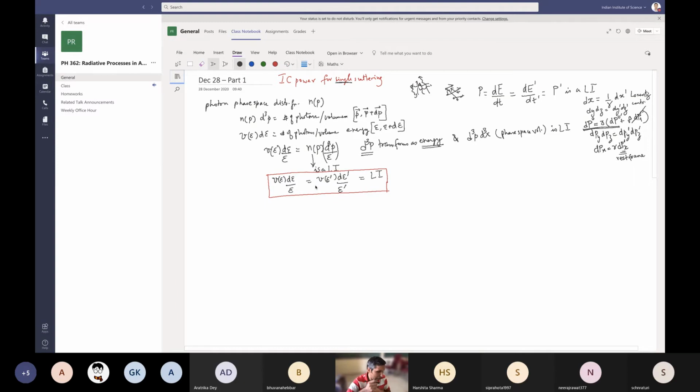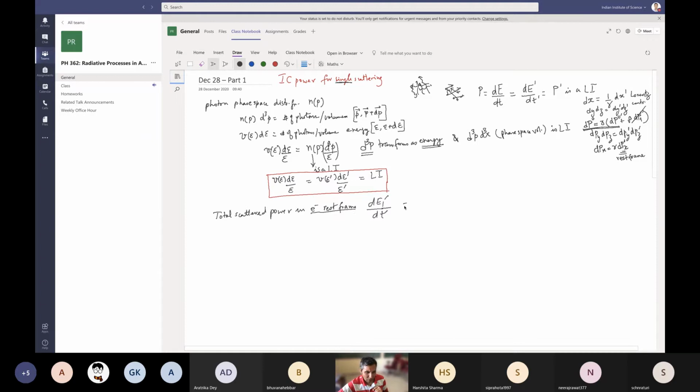So what is the total scattered power in the electron rest frame? This is nothing but dE1 by dt prime, where 1 is after scattering and prime stands for the electron rest frame.